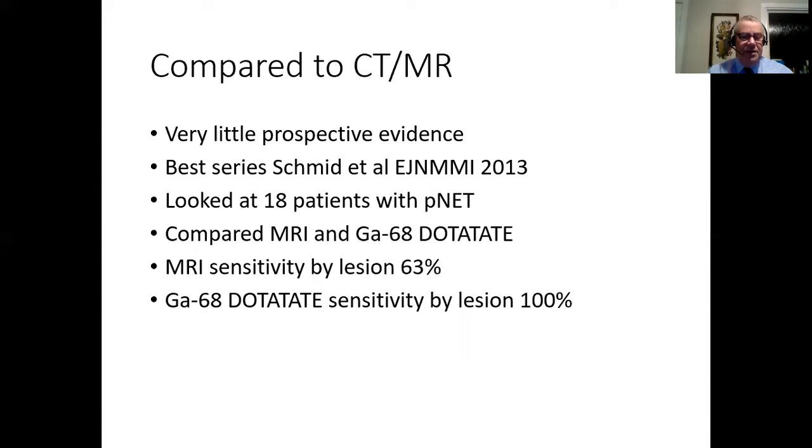In our practice, we really don't do CT or MR in these patients because we don't find it very useful. They may have a CT-MR initially, which is how it's diagnosed, but once the diagnosis has been made, we tend to follow them up using CT and the DOTATATE PET as the primary method of follow-up.